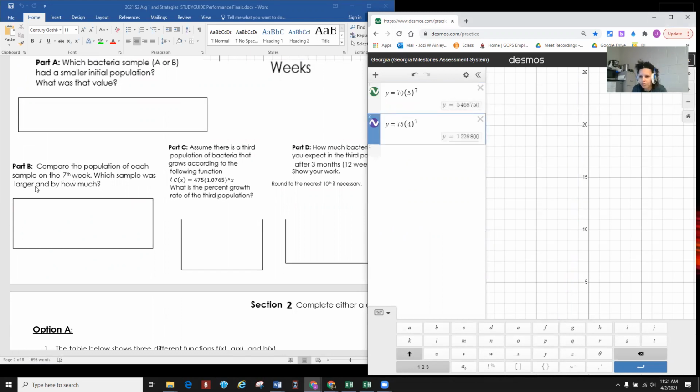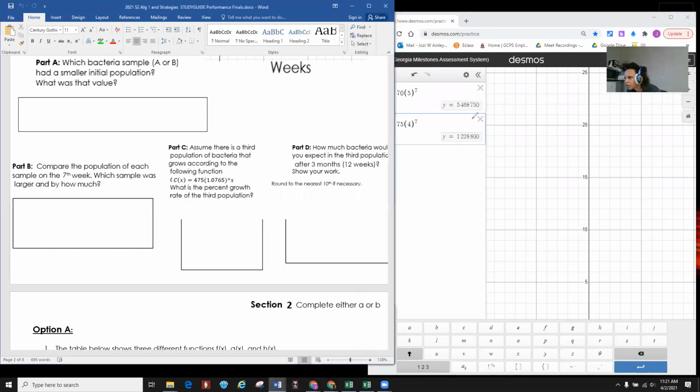Compare them: which sample is larger and by how much? So which number is bigger? This is 5.4 million. This is 1.2 million. So which one is larger? This one is larger, so I would say A is larger. By how much?